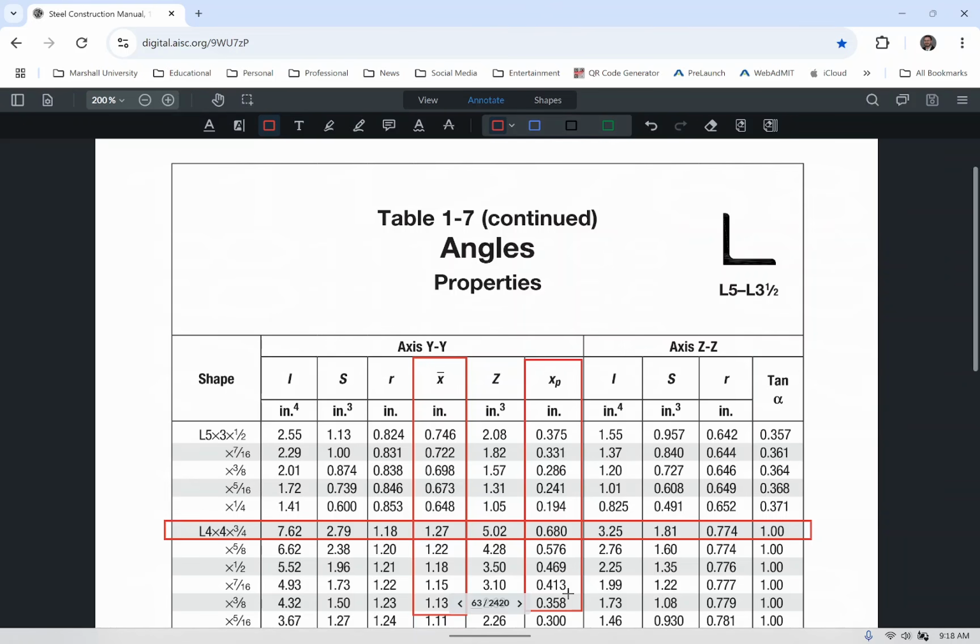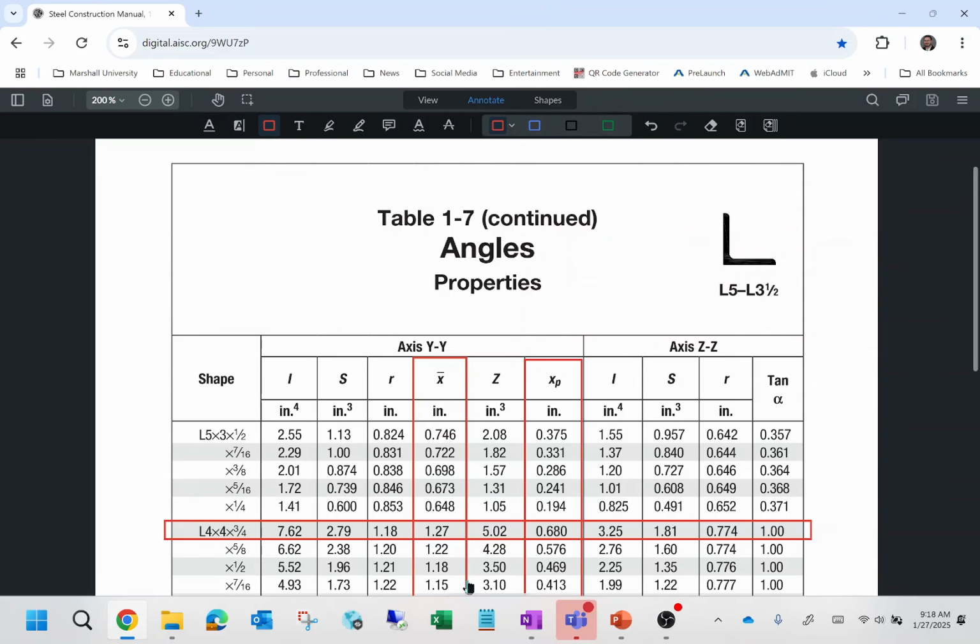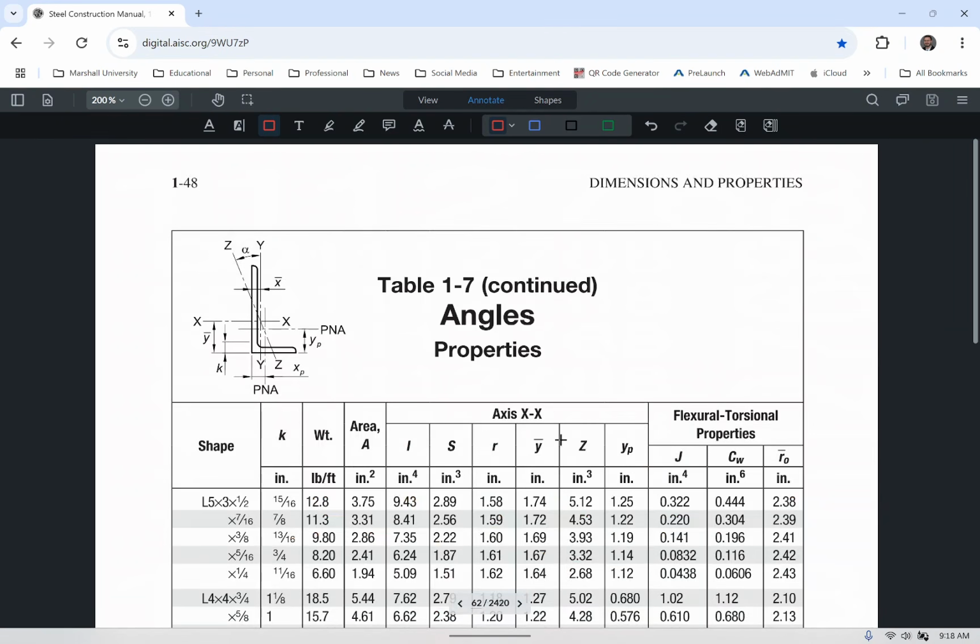For now, just accept that this term is related to bending. We're not bending tension members. We're yanking on them. I will get to what this means later, but for now, ignore this. Same thing for this term right here. Here's y bar and y sub p. Ignore the y sub p. Okay? Is everybody okay with that? Just ignore the y sub p.